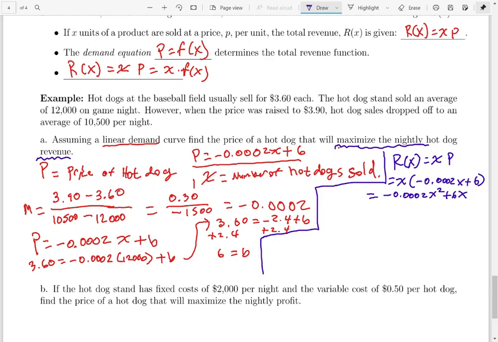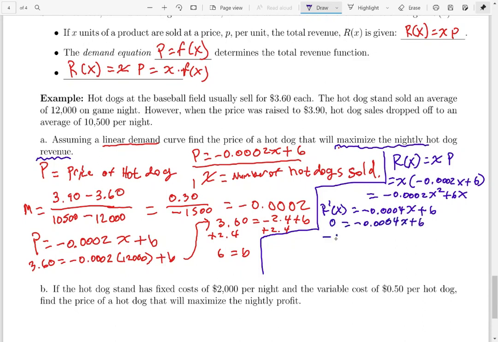Since we're trying to maximize that revenue, what do we need to do? We need to find the marginal revenue function, r prime of x. So that's specifically going to be negative 0.0002 times 2, or 0.0004, x to the first, plus 6. Then I just need to figure out where my extrema occur, so set it equal to 0. 0 is equal to negative 0.0004x plus 6.